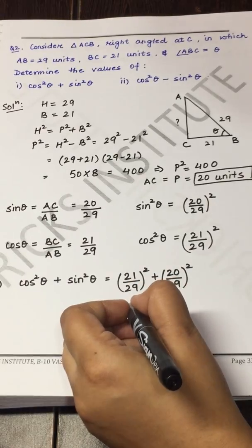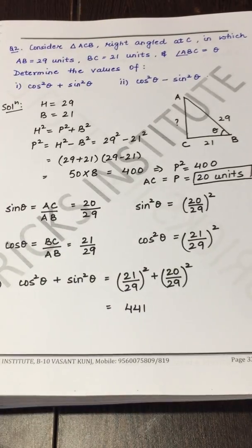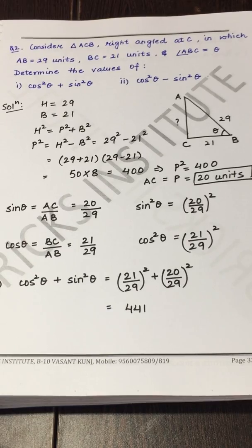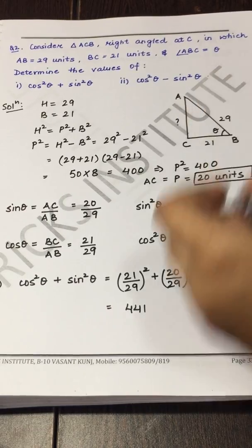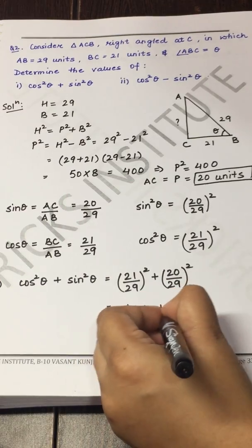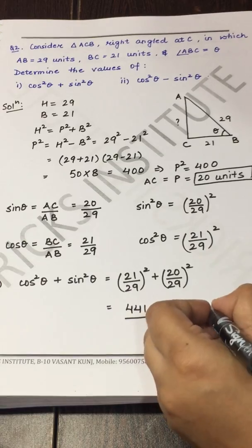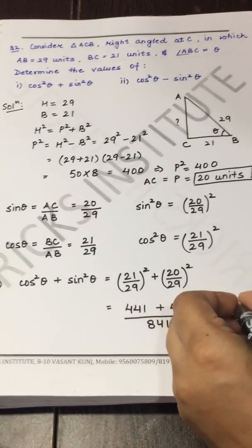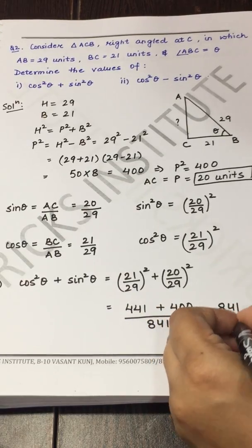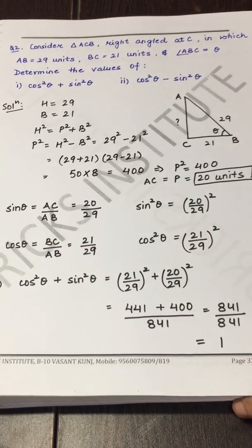So this will be 441 and 20 square will be 400 upon 841. So that will give you 841 upon 841, which is equal to 1. This is the first part of the question.